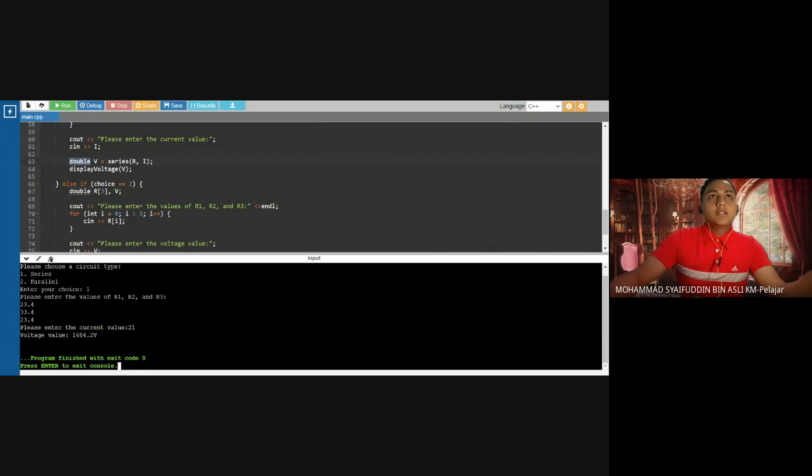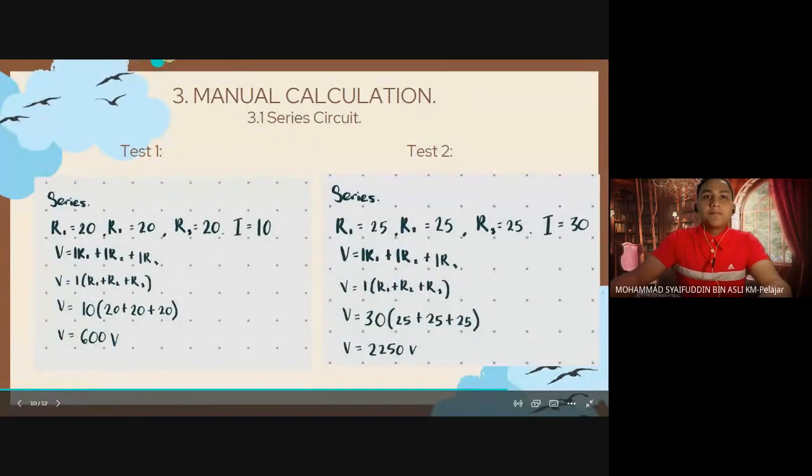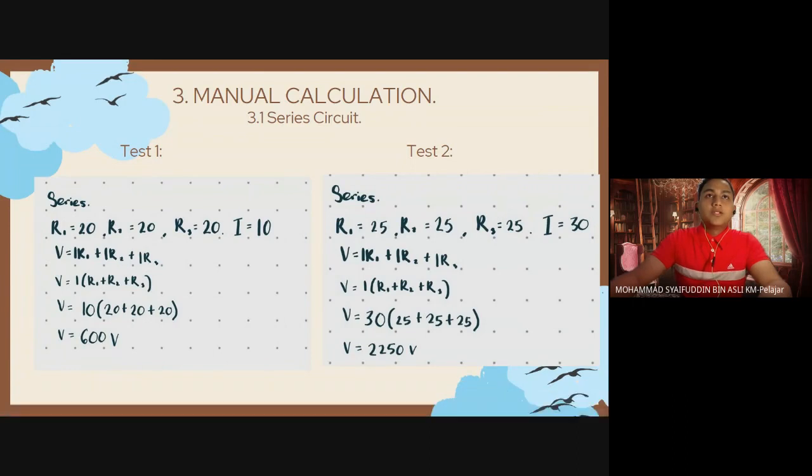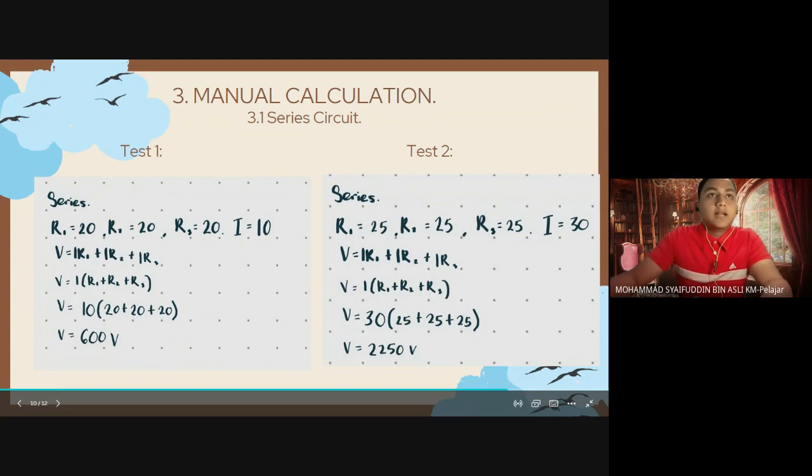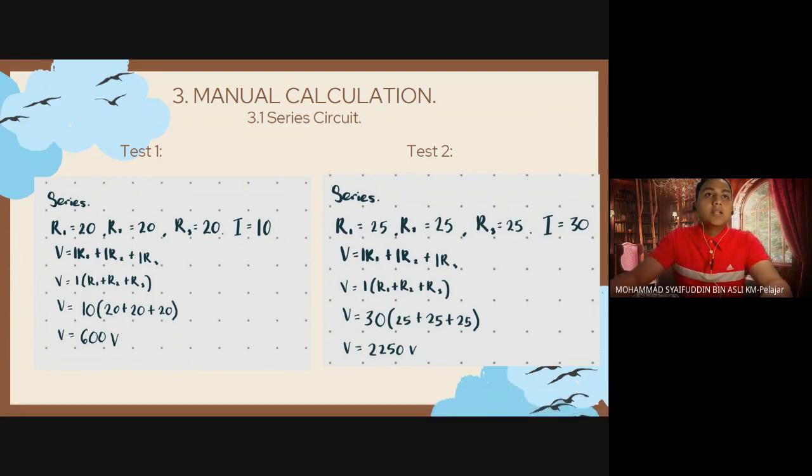Next, we will compare our program with the manual calculation. Now this is our manual calculation. I take the resistors R1, R2, and R3 as 20, and I is 10.